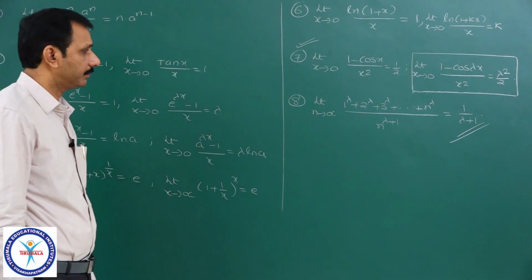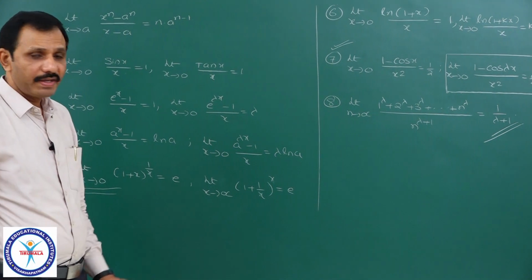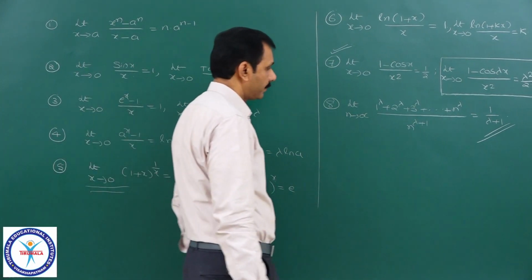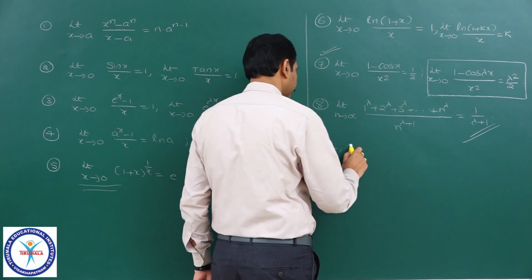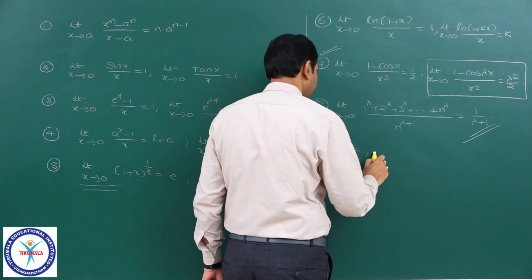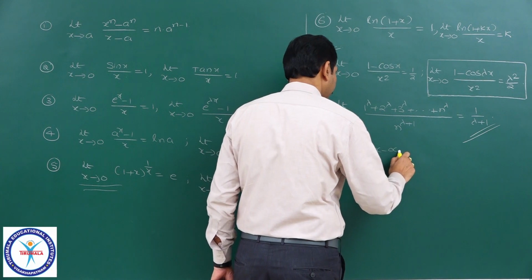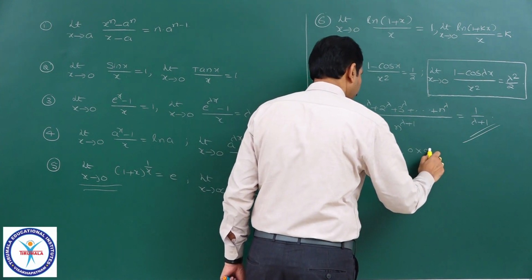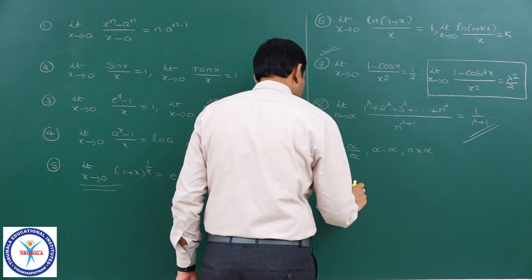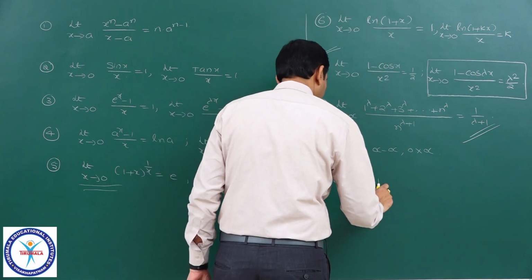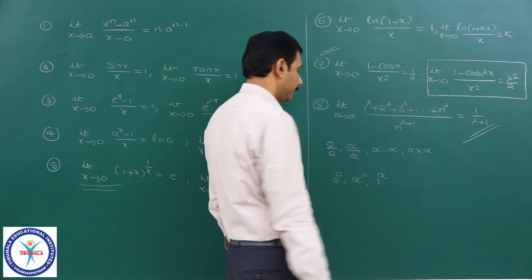Observe this. We have indeterminate forms: 0 by 0, infinity by infinity, infinity minus infinity, 0 into infinity, 0 power 0, infinity power 0, 1 power infinity.